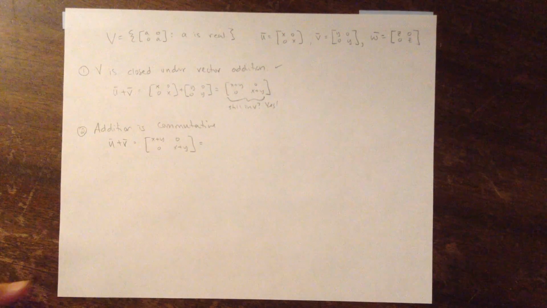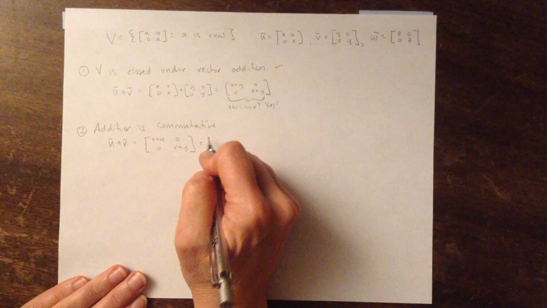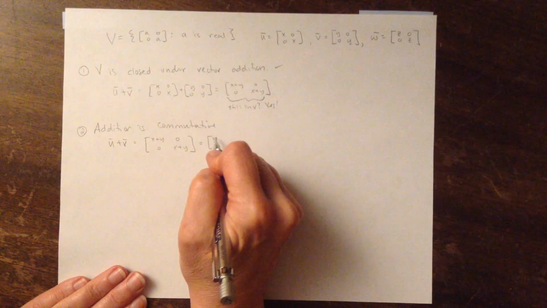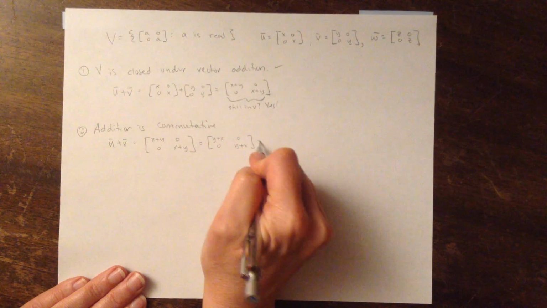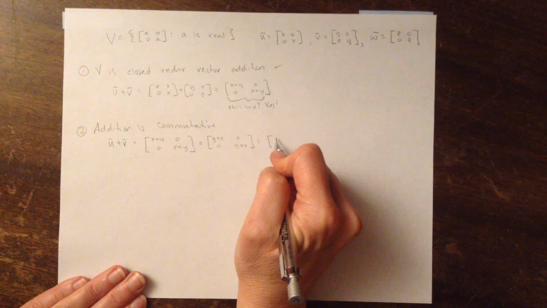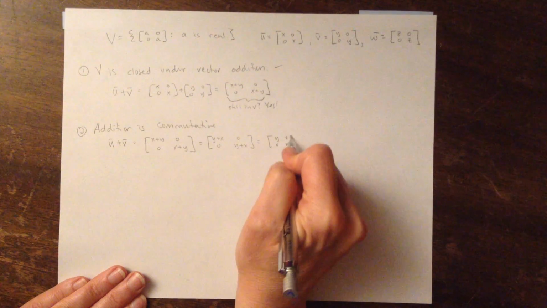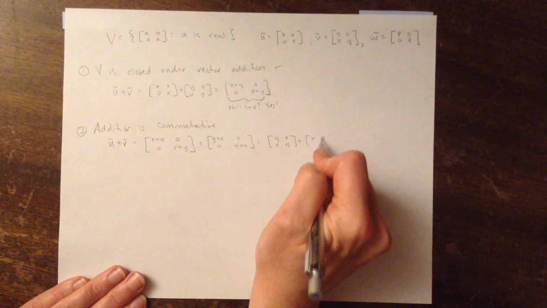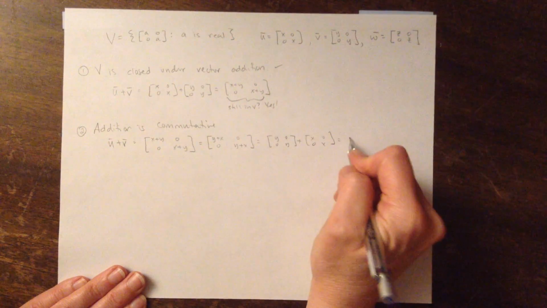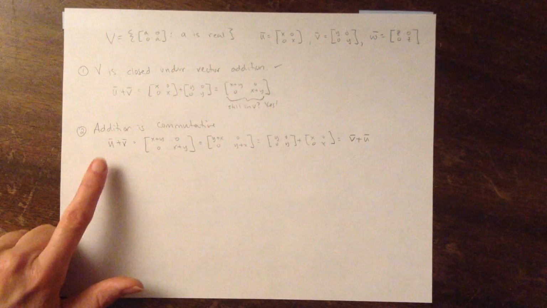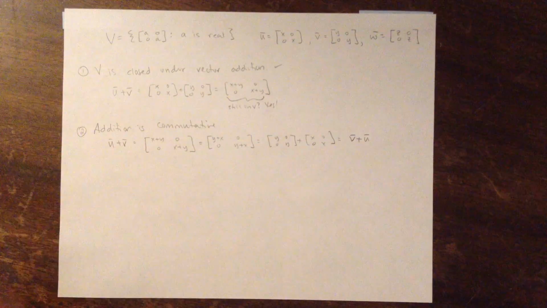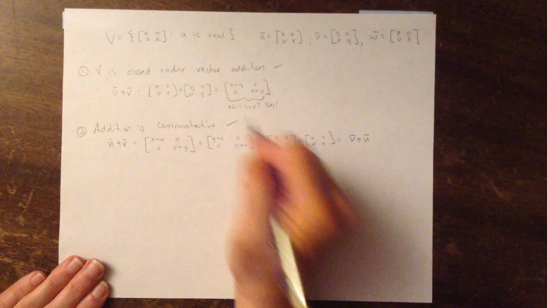And of course, real number addition is commutative, so you can change the x plus y to y plus x, 0, 0, y plus x. And so this is y, 0, 0, y plus x, 0, 0, x, which is vector V plus vector U. And so U plus V is equal to V plus U. The addition is commutative. That second axiom is satisfied. So that one's good.